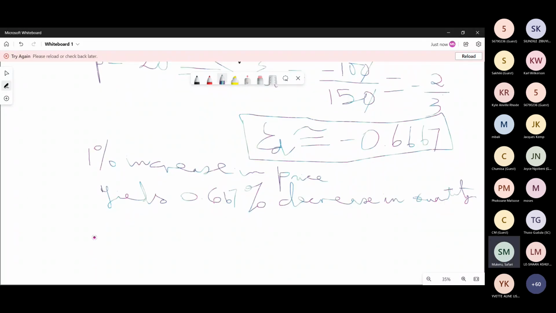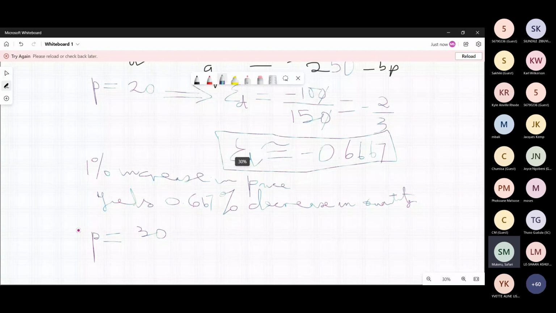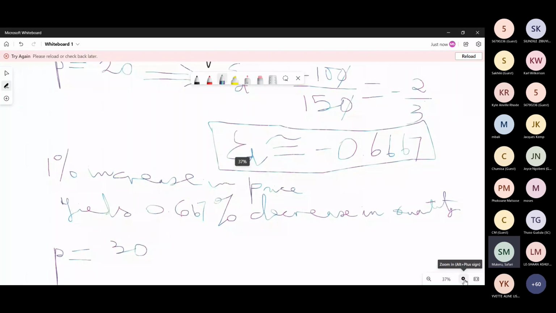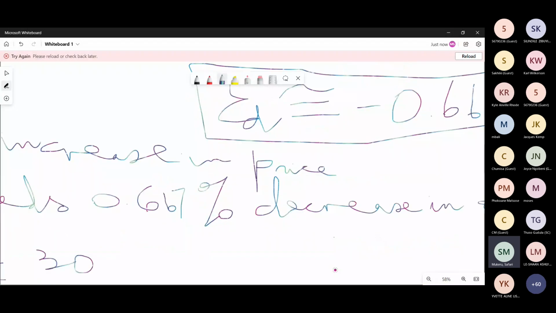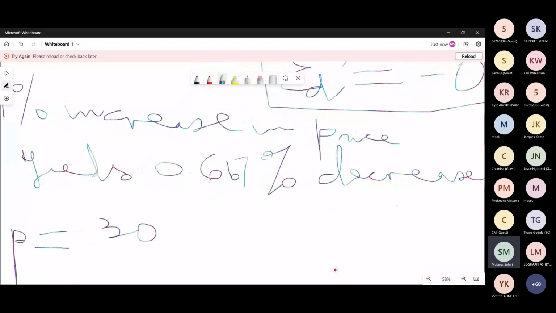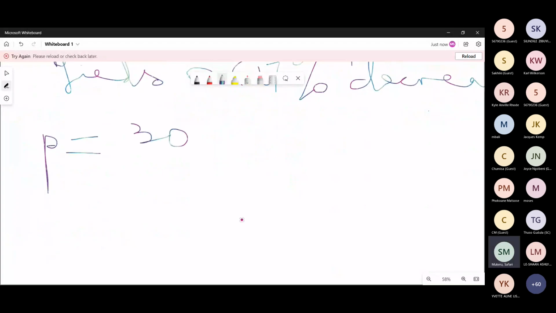Now let's take another price. The second value is P equals 30, right? At 30, which change will we expect? If P is 30, what will be the value of the elasticity? Same calculation. You see, please, the board. Negative 1.5.